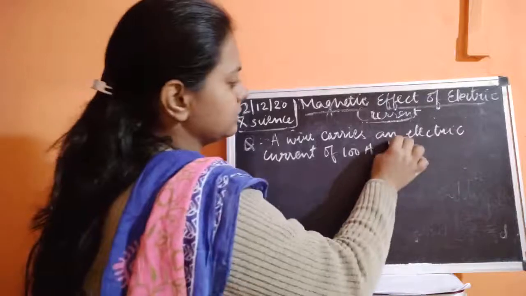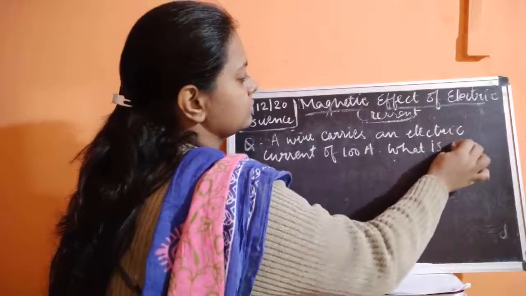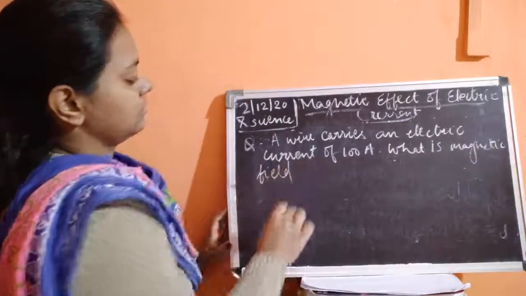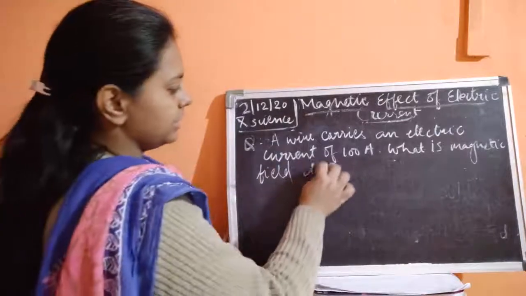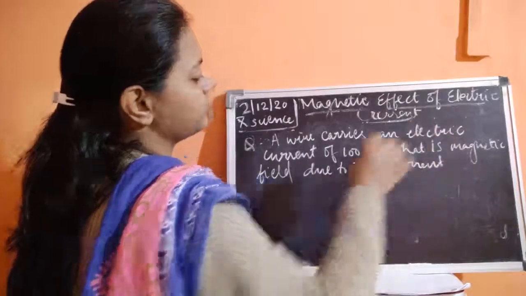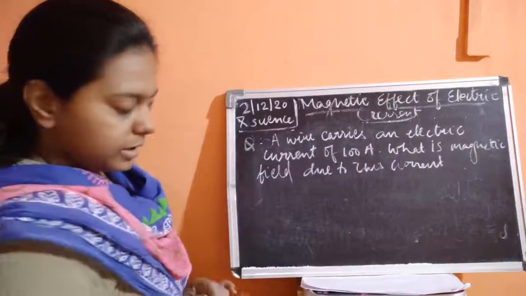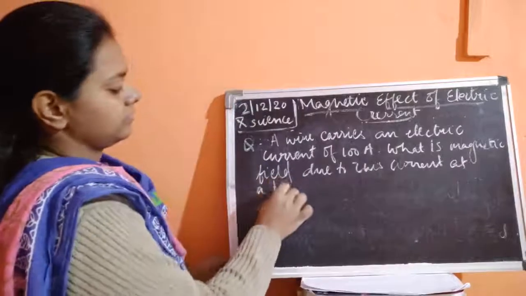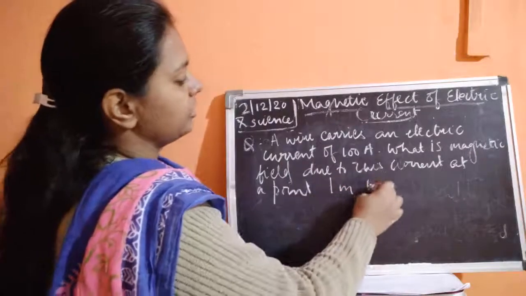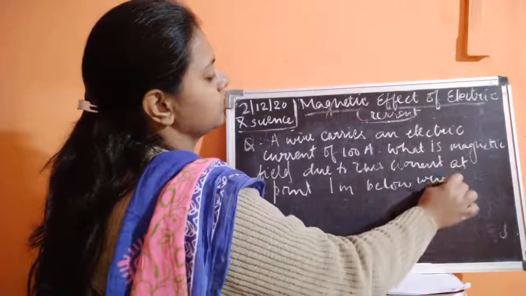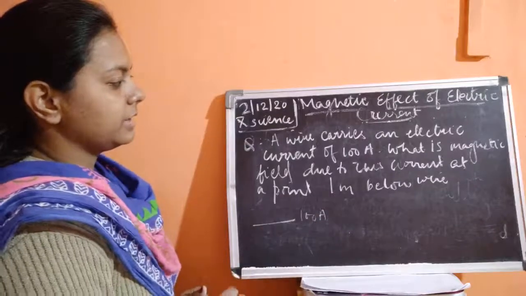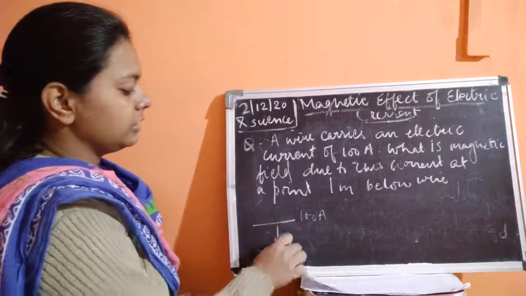What would be the magnetic field due to this current at a point 1 meter below the wire? ओके, एक करंट कैरिंग कंडक्टर है जिसमें 100 एम्पियर का करंट फ्लो कर रहा है, जिसका मैग्नेटिक फील्ड आपको फाइंड आउट करना है कहाँ से, 1 मीटर बिलो द वायर.